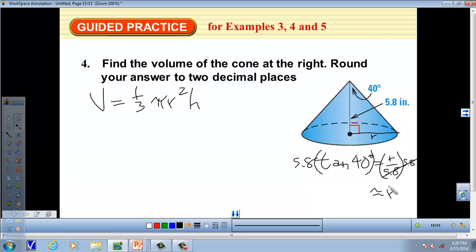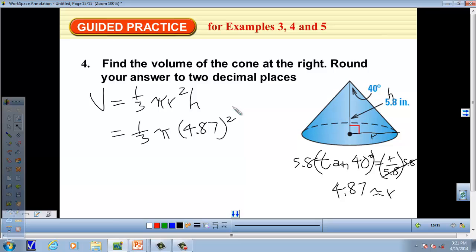5.8 times tangent of 40, which should be about 4.87. Keep that on your calculator. We get 1/3 here. We know the height is 5.8, so we say pi times 4.87 squared.